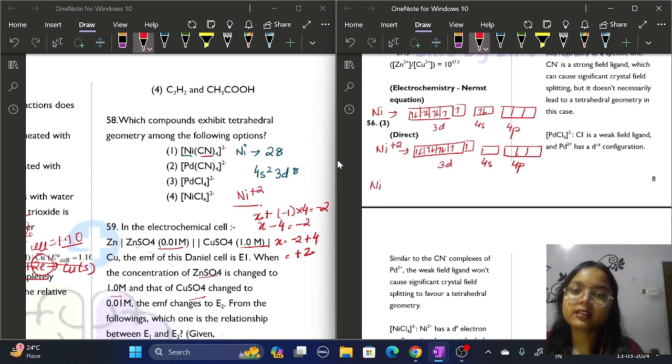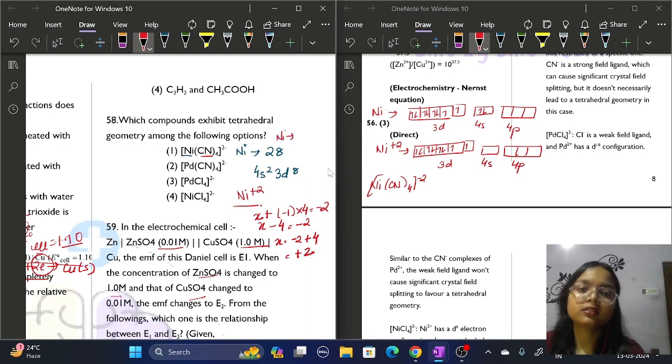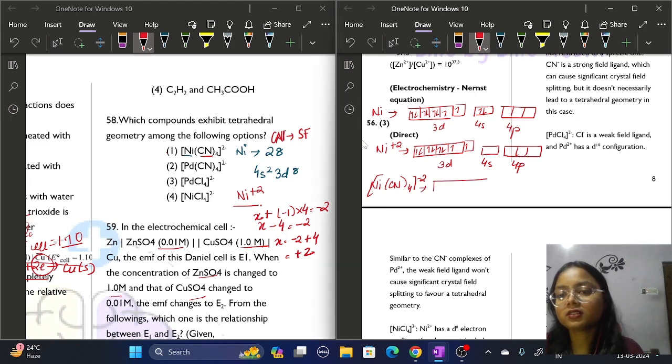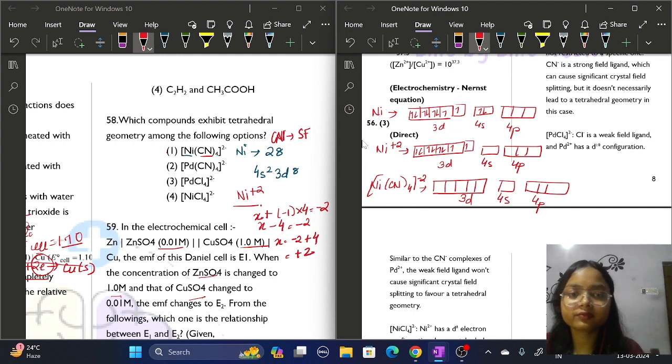Now in the excited state we have to draw for Ni(CN)4 2-. Here CN is the strong field ligand. So let's draw 3d, 4s, 4p.